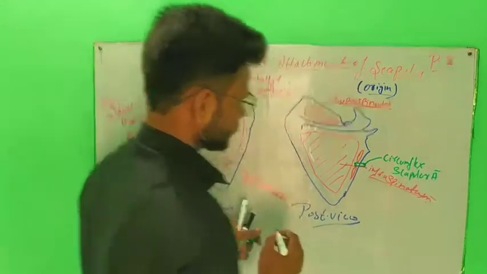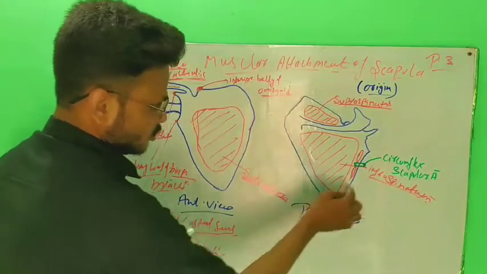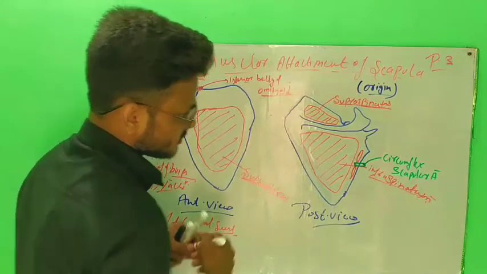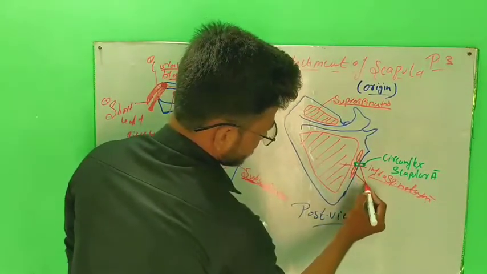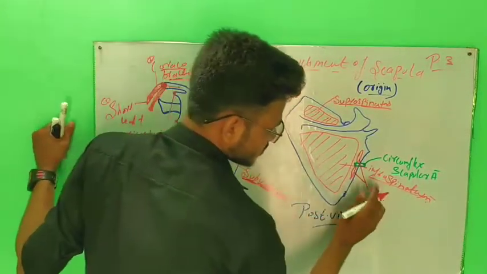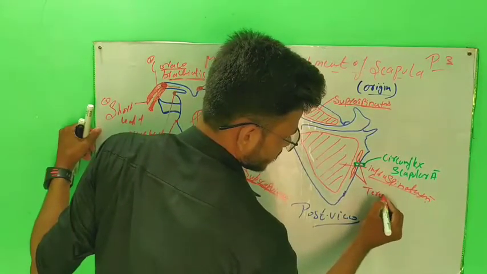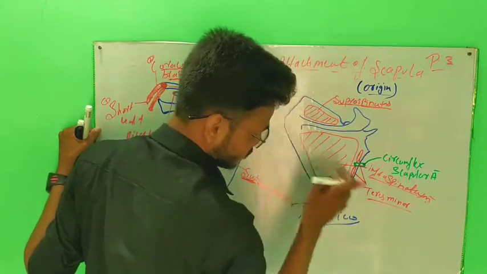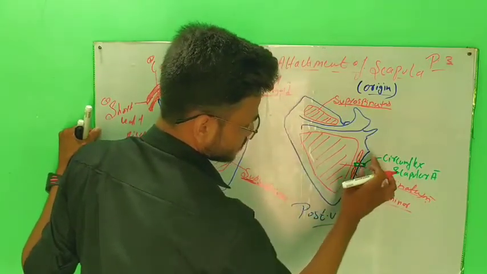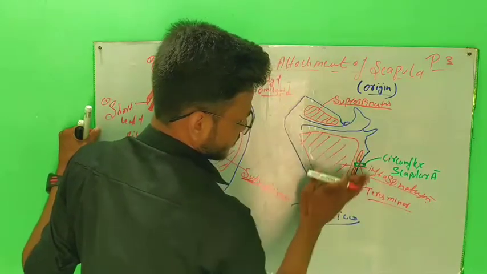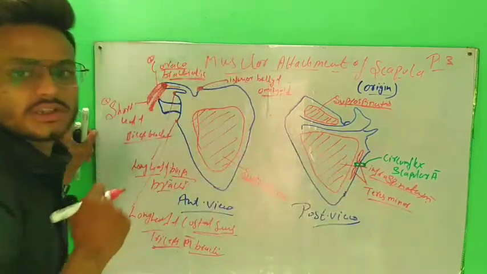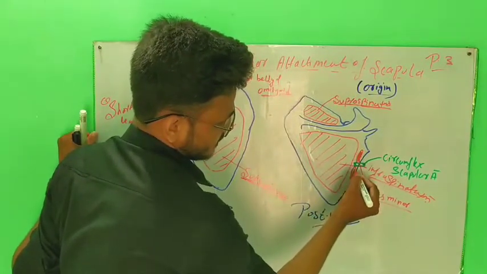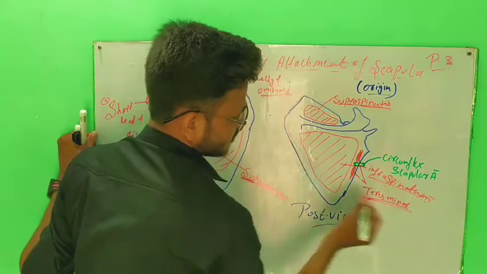These two slips belong to the muscle called teres minor. Teres minor originates in two slips from the dorsal surface of the lateral border of the scapula.